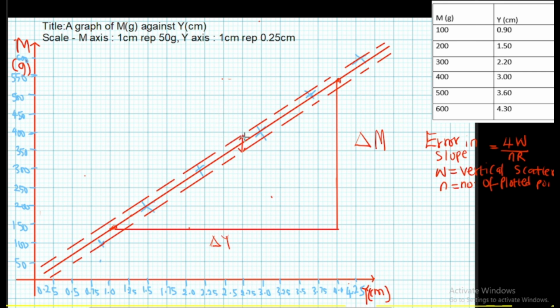So this is the line touching the line above, and this is touching the line below the line of best fit.